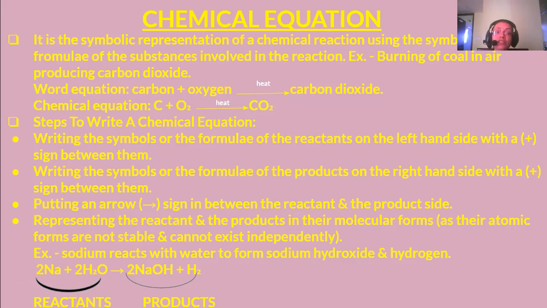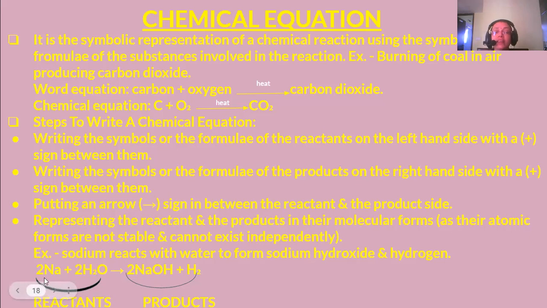For example, sodium reacts with water to form sodium hydroxide and hydrogen. So we write the molecular form, that is Na plus H2O, and we get NaOH plus H2. We cannot write in the atomic form as H. We need to write H2 because it's a molecular form.